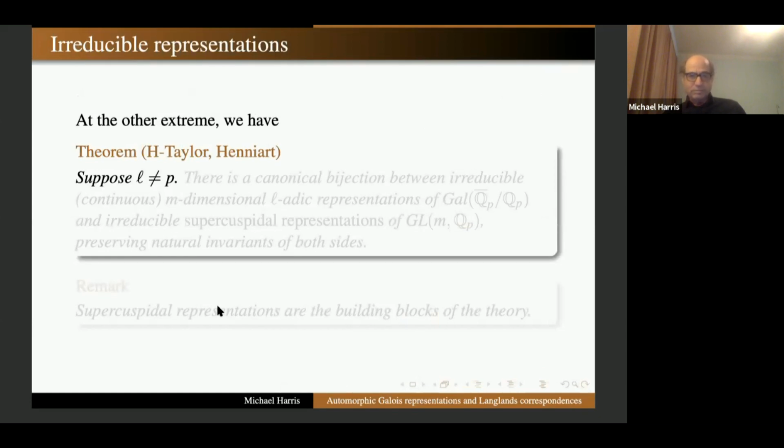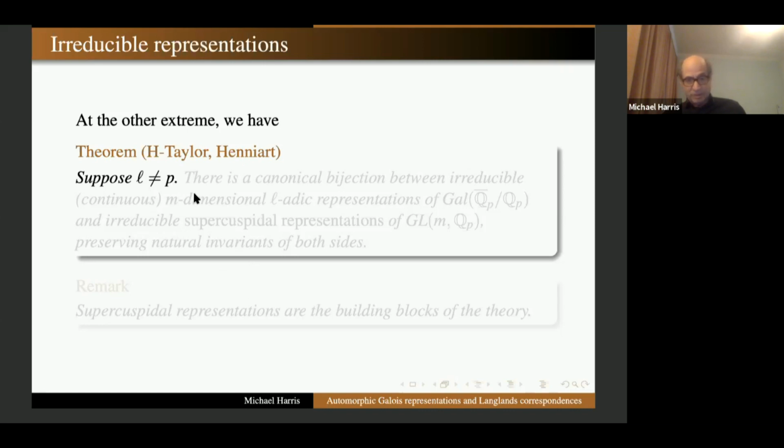Well, at the other extreme, we have a theorem that was proved some 20 years ago, twice, in different ways, and then more recently, about 10 years ago, proved in a somewhat different way by Scholze.